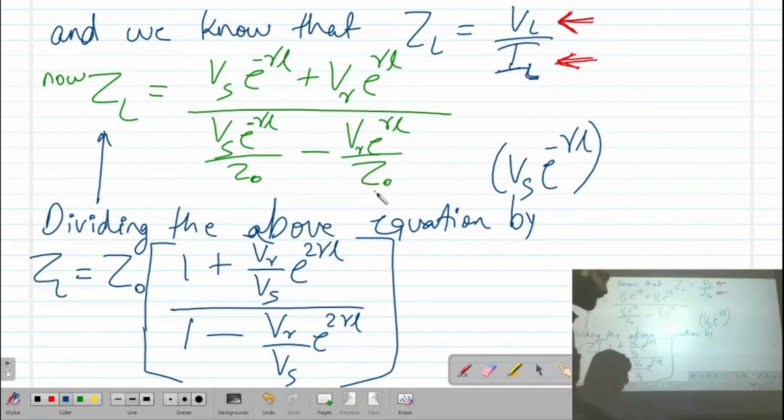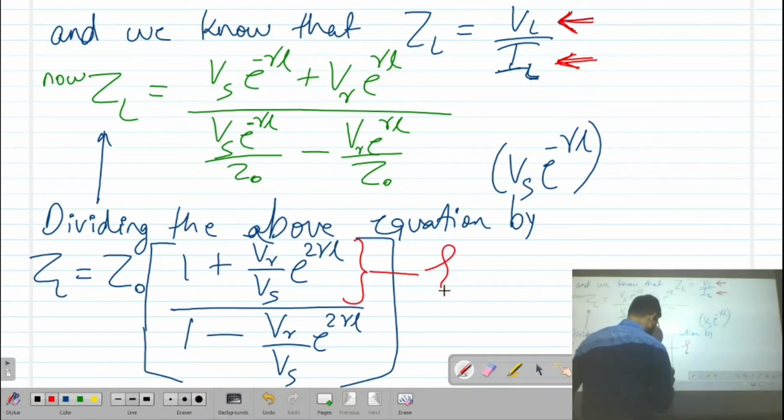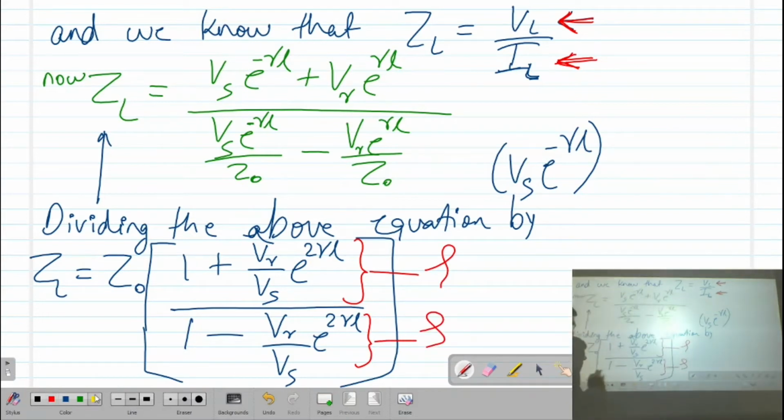Okay, so you can see this part is nothing but rho. Specifically only this part is nothing but rho.